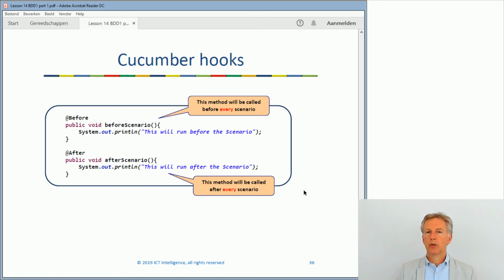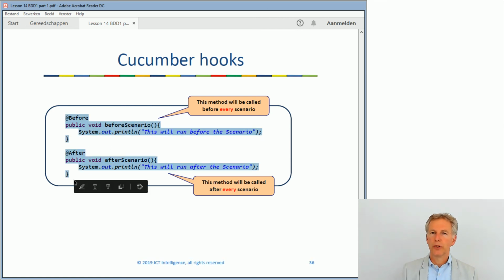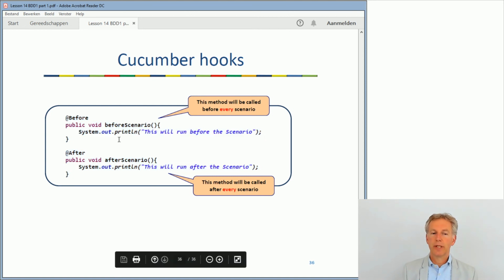Now let's say you want to do something special for every scenario, for every given when then. You want to write something to a log file or whatever. Then in your steps, you can just use the normal @Before and @After that you're used to. So this is only for the steps.